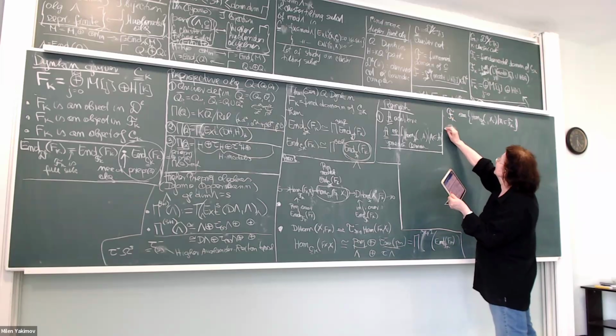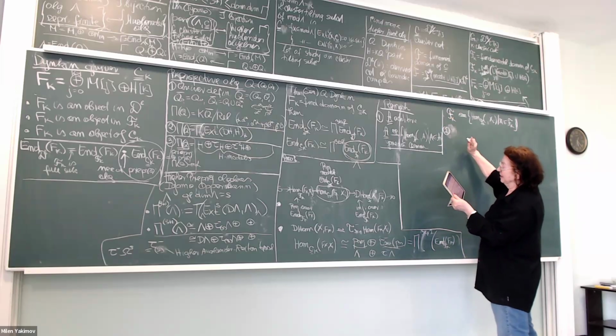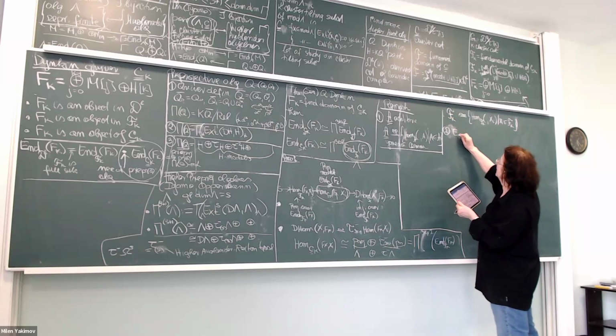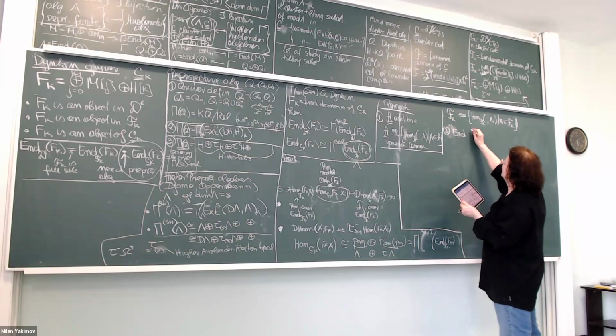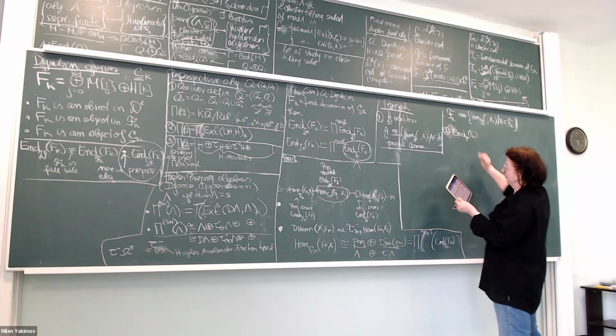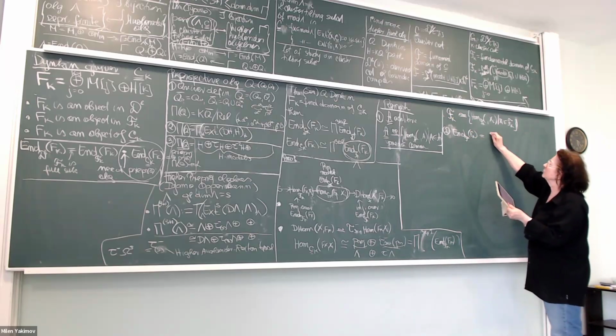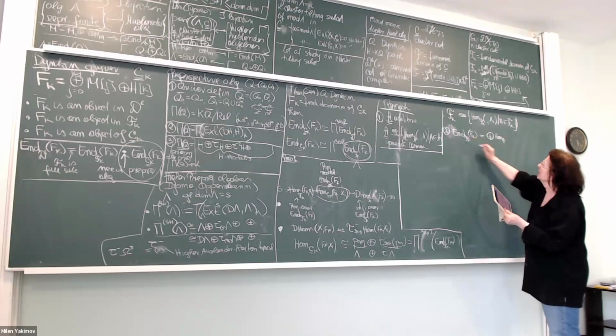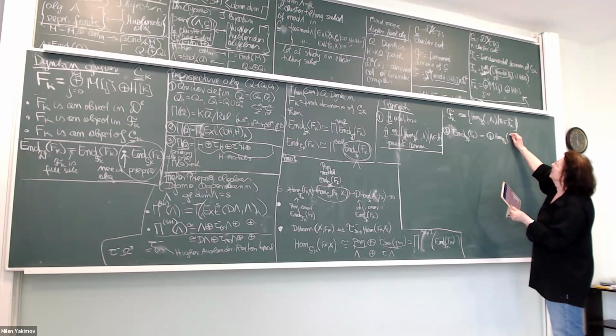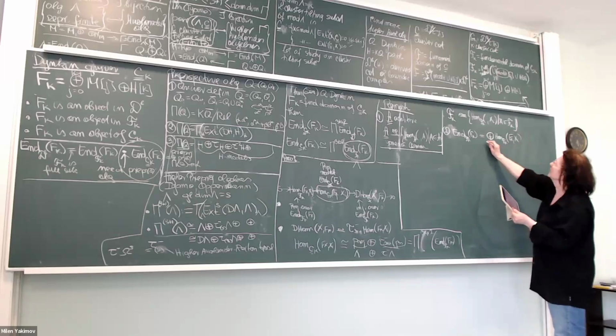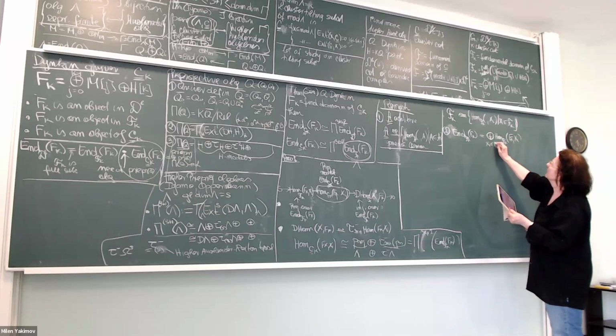Now the second statement was that the endomorphism algebra of FK over FK, this is just the definition, right, is the sum of Hom over FK of FK into XIs, where XIs are elements of FK.